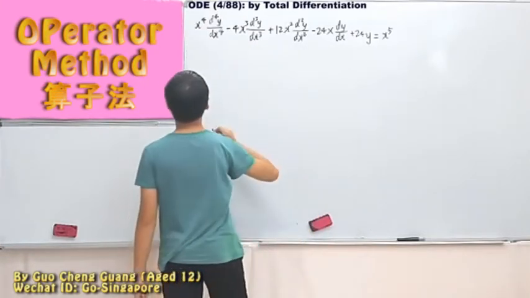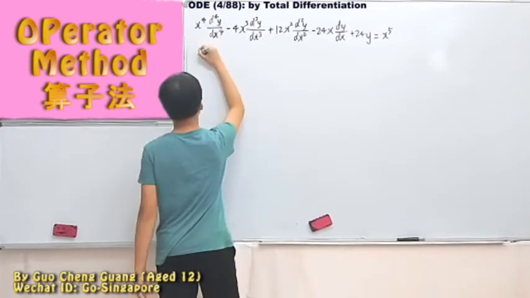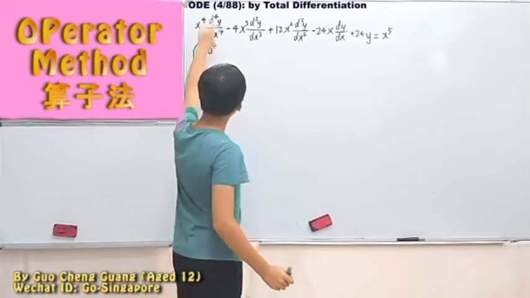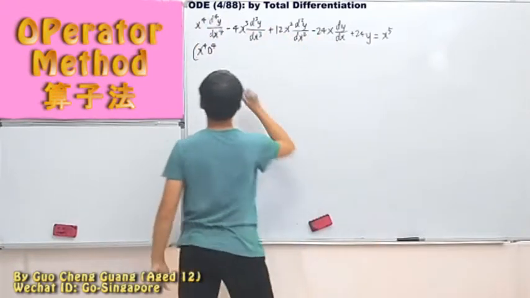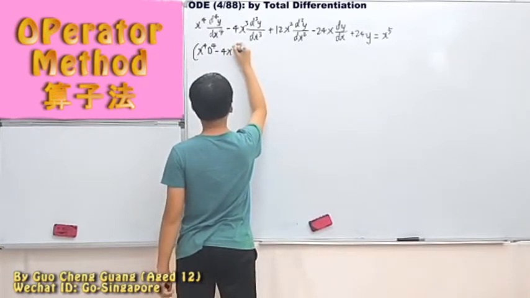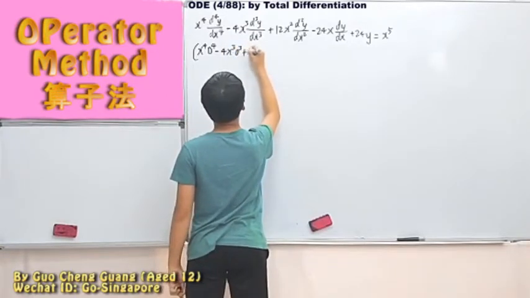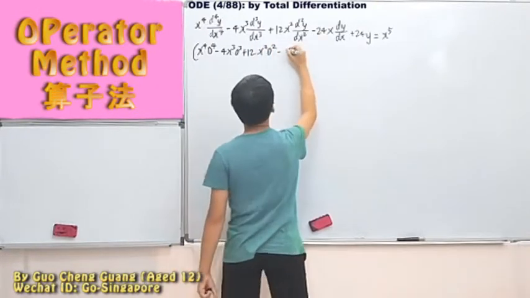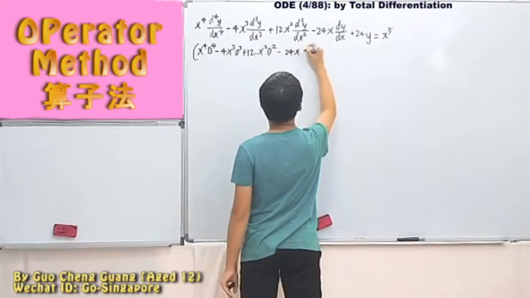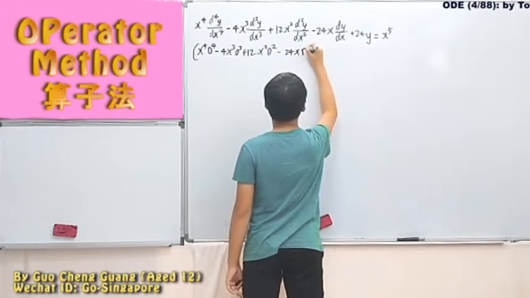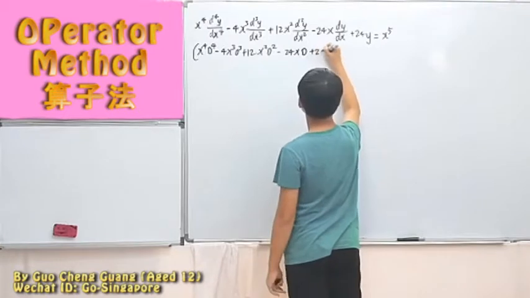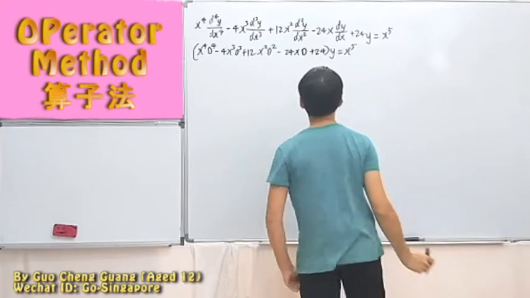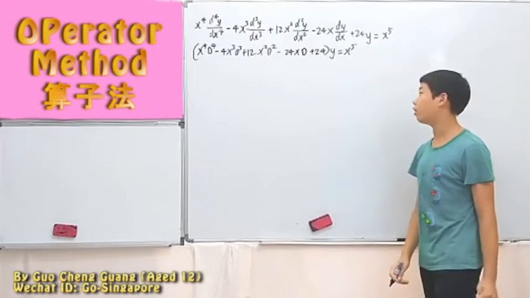So we're going by the operators method. Let's first write them into operators, while at the same time we can take out these y's. Like this, and this will be equal to x to the power of 5.